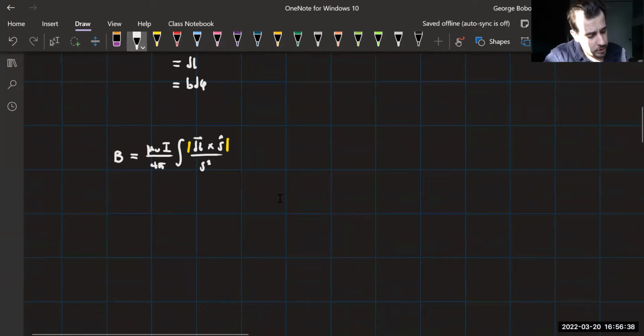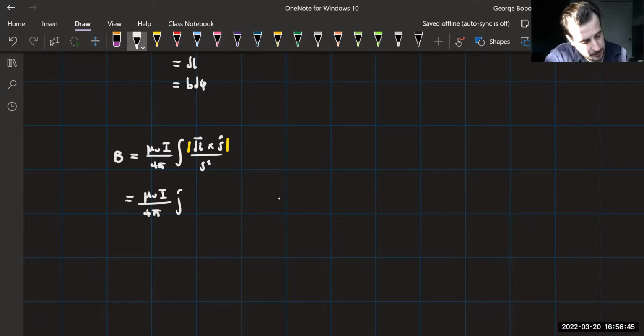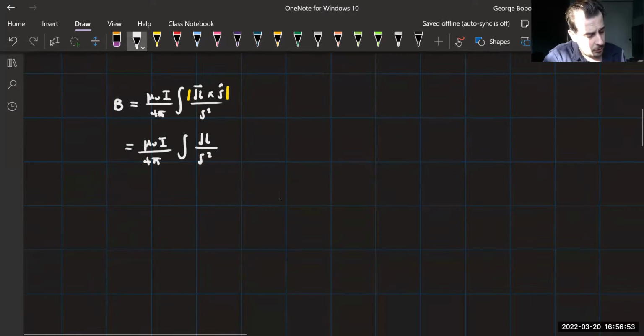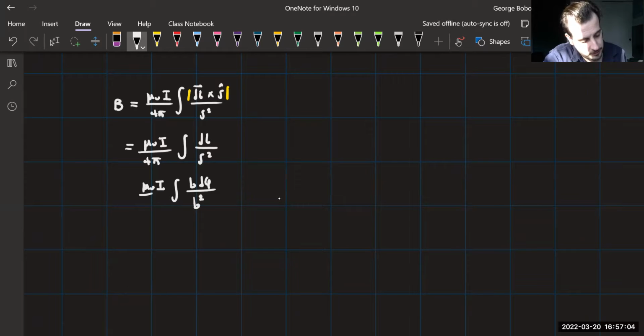So we are putting in our integral, mu naught I over 4 pi, dL over script r squared. Now, dL, we said, is going to be b d phi. R, we said, is just going to be b for that segment. And you can see how this took shape all of a sudden.